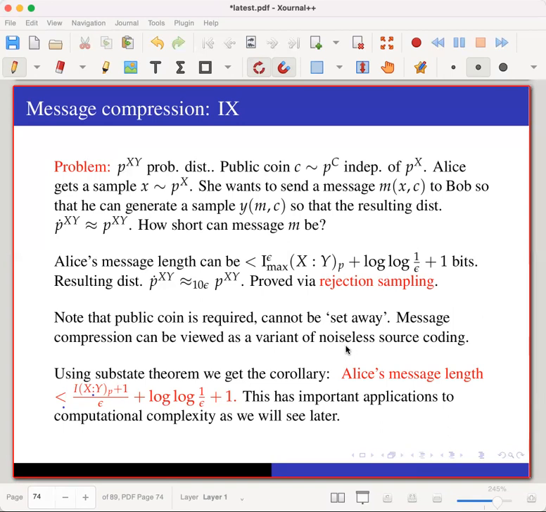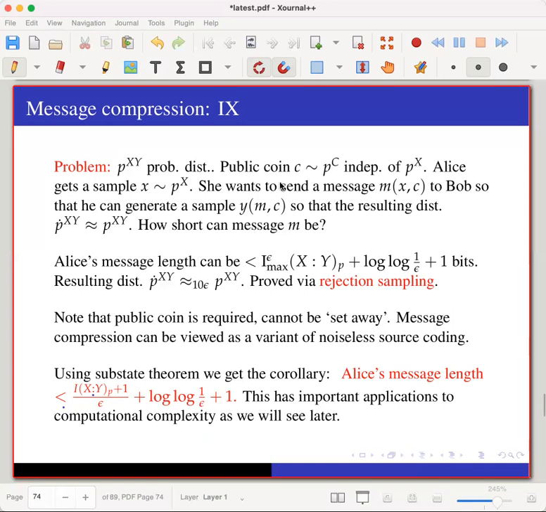I also wanted to make one more comment. In traditional random coding arguments, even though we use randomness, it's just a probabilistic method thing, so eventually we get a deterministic protocol. But over here, the protocol is inherently randomized because of the shared randomness. So it's a resource rather than a way to prove something. Correct.